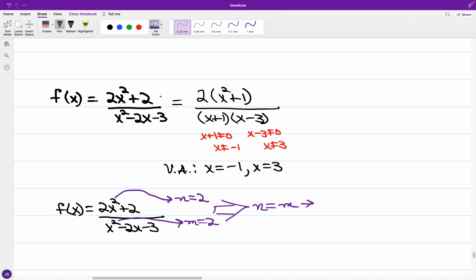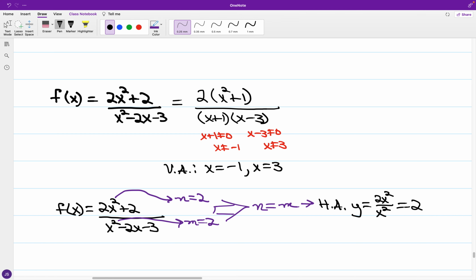This signals that we're going to have a non-negligible horizontal asymptote. In fact, this will be the constant that results from taking the ratio of the highest order terms in the numerator and denominator. So we have 2x squared from the numerator, x squared from the denominator, and so y is equal to 2.